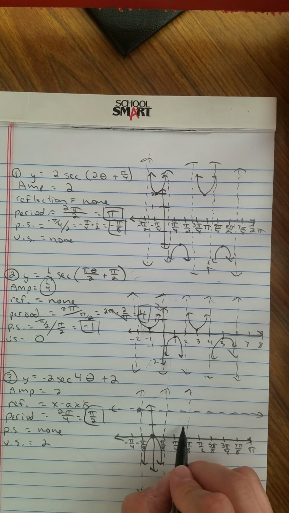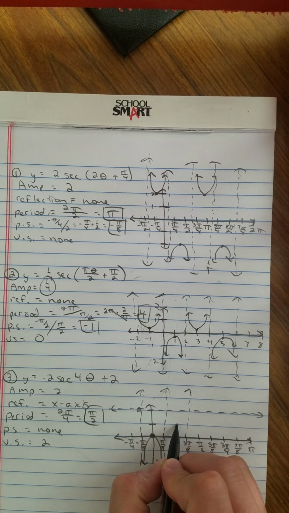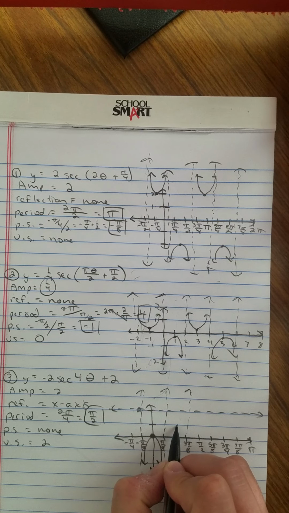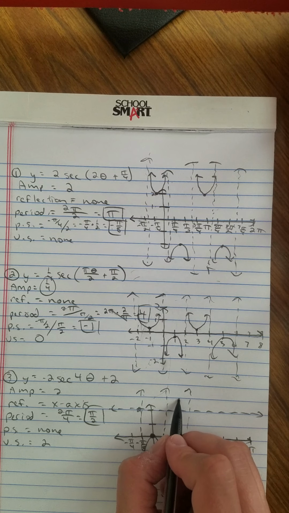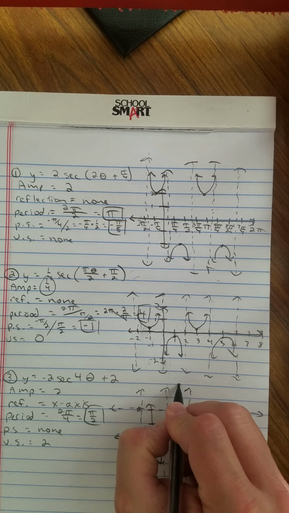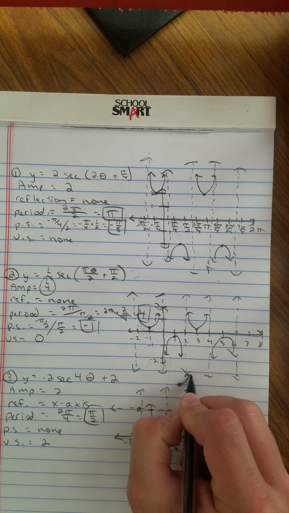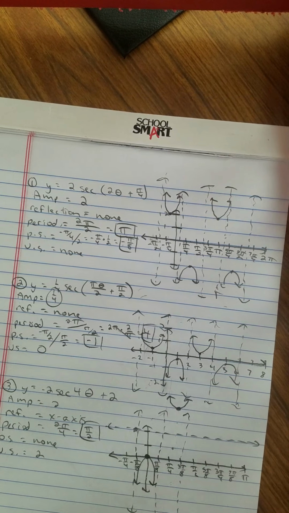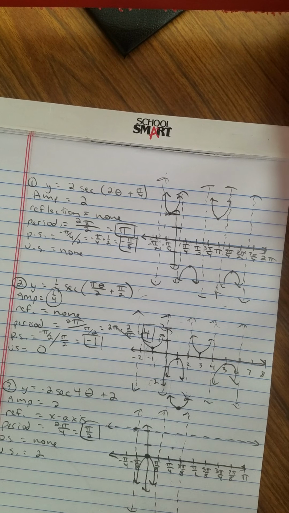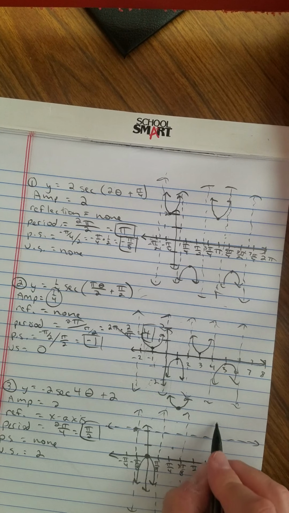Okay, and then think about your next one. My second one is usually down 1 unit from the actual midline. I need to reflect that and stretch it up 2. So now I've got to go up 2 units and draw a parabola. I know this is kind of bleeding up there quite a ways, but that's what this one needs to look like. And then all I need to do is replicate that 2 more times.